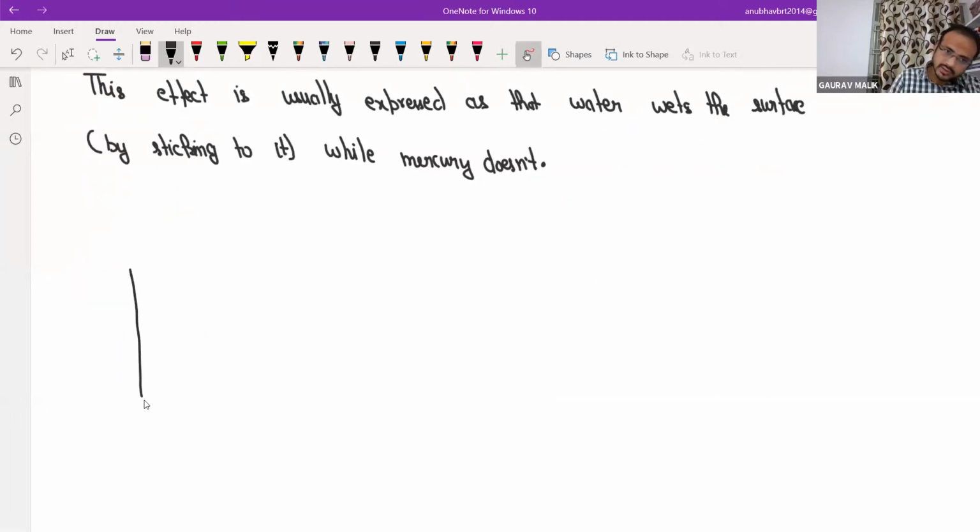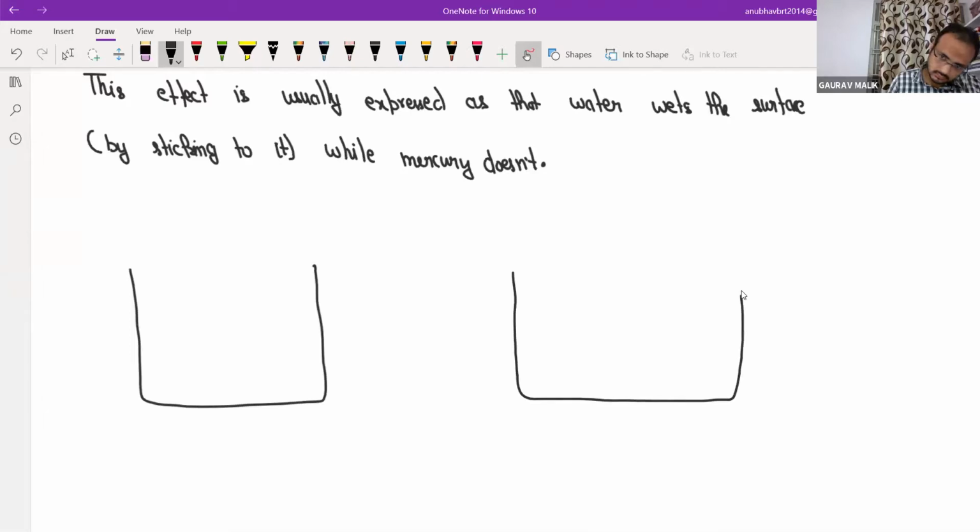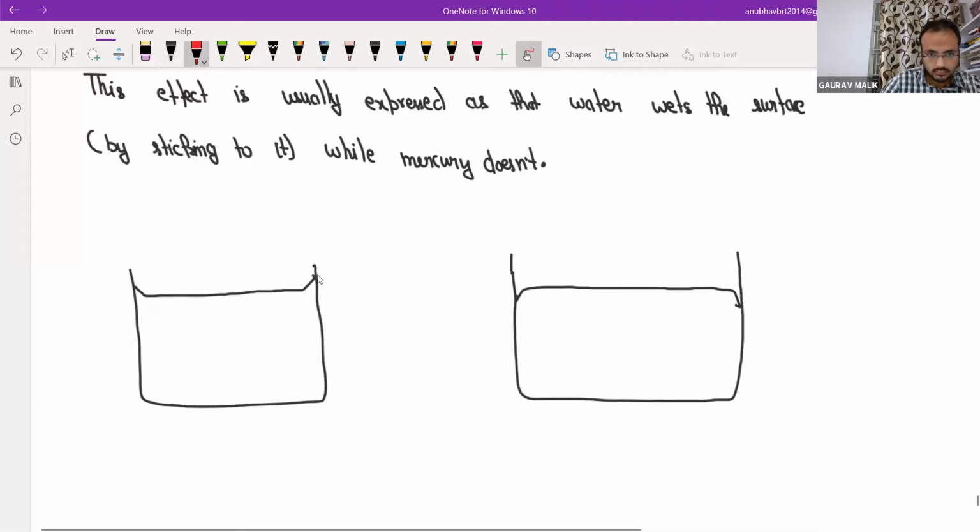First, draw two diagrams. Here we have water.